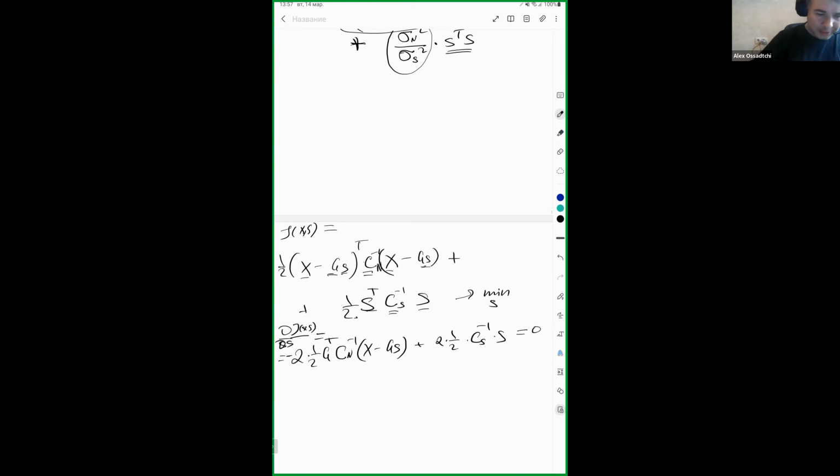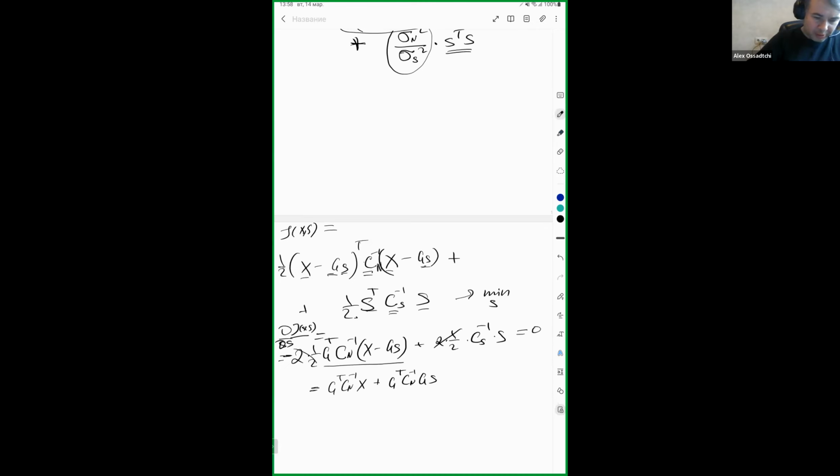So now you get rid of this. Hold on a second, please. Let me see. Cs⁻¹. Oh, yes, minus. Yes, you're right. So good. So now, let's expand it. Very simply, minus G transpose Cn⁻¹ x plus G transpose Cn⁻¹ Gs. Agreed? So this one, the first term.